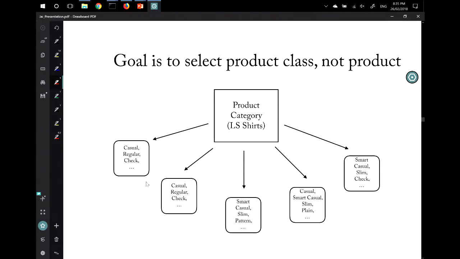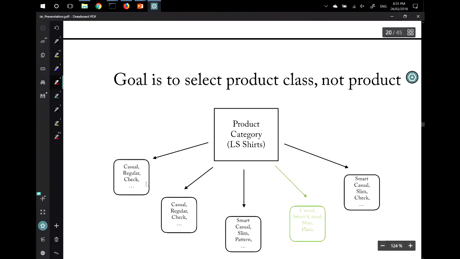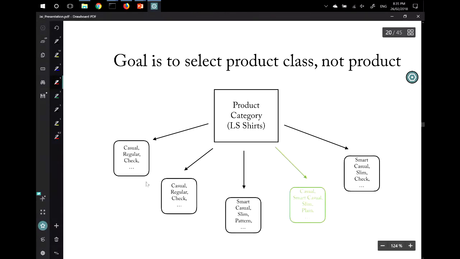As I said, they decide they want to recommend the so-called product class instead of directly the product ID. And once you know the class, you can find the latest products fitting into this class.